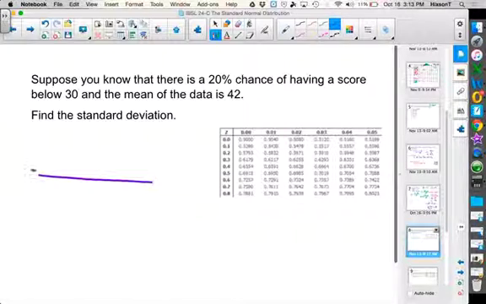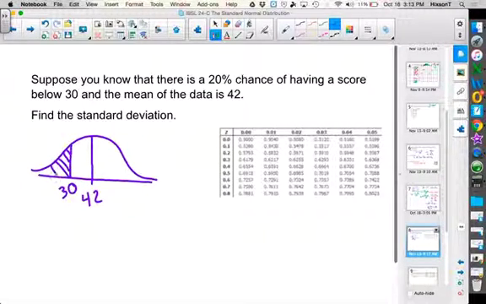So let's think about this. Here is our normal curve. The mean is 42. And we know that this value 30 right here has an area of 0.2 below it. Okay? The probability is 20% of having a score below that.